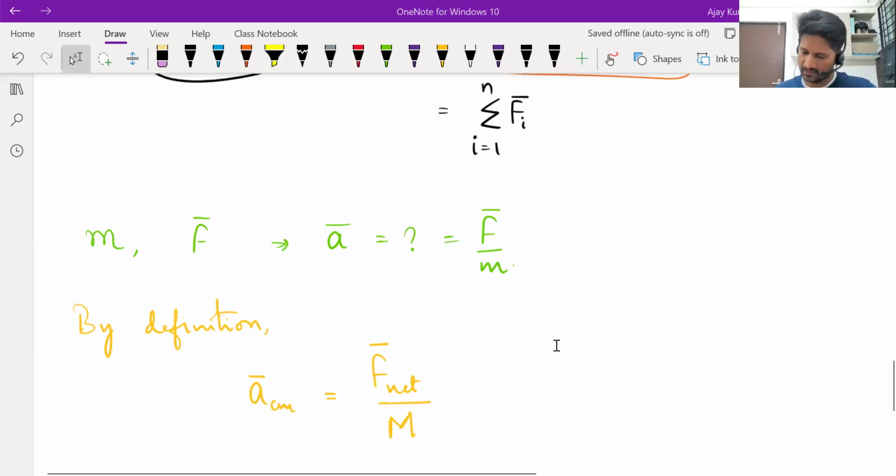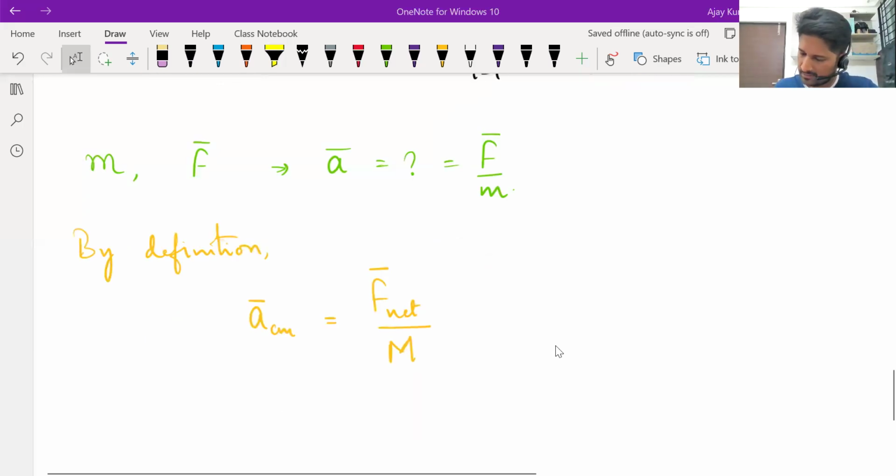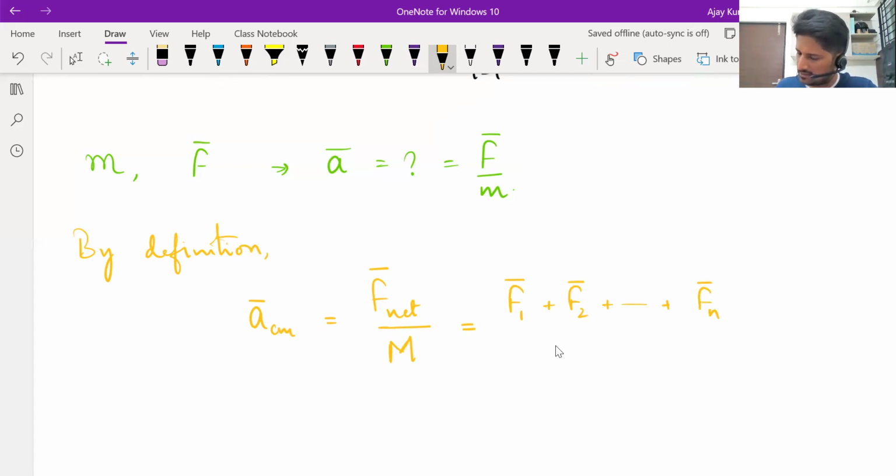Okay. Now net force on the system is nothing but the force acting on the first particle plus the force vector of the second particle, and so on, up to the force acting on the nth particle as a vector, divided by the total mass of the system, which is m1 plus m2, and so on up to mn.